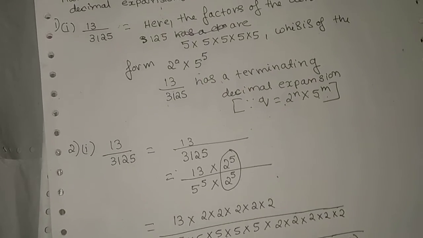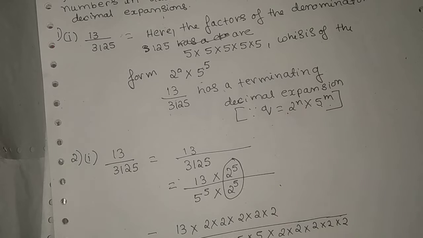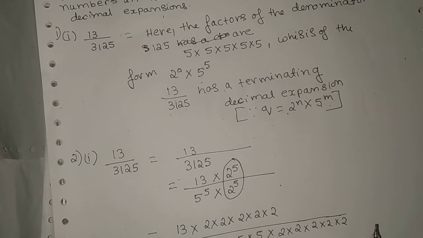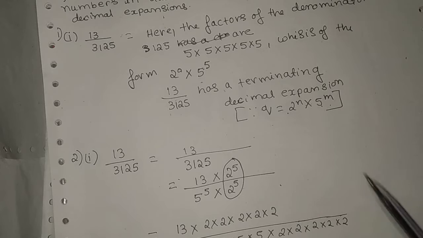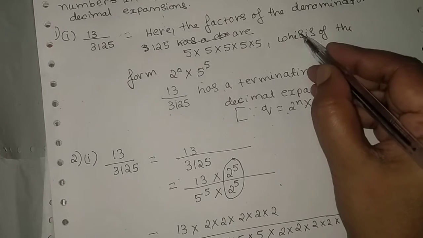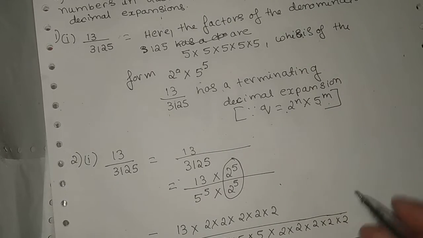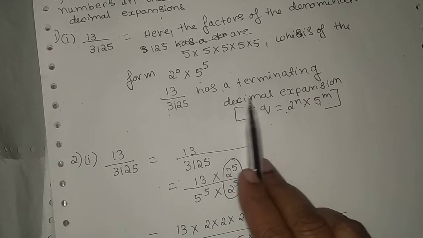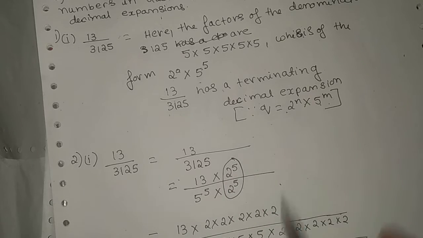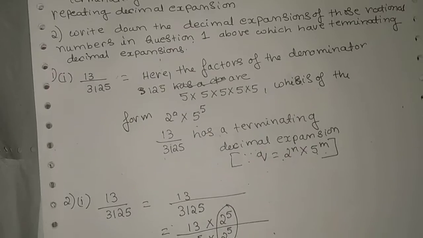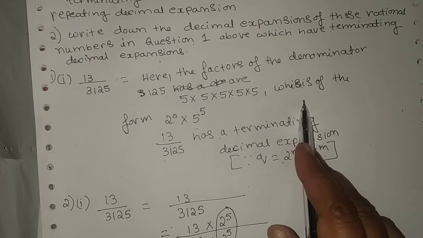This is the decimal expansion of the rational number, for the question which has a terminating decimal expansion. So we solved both; only a few steps have to be followed here.